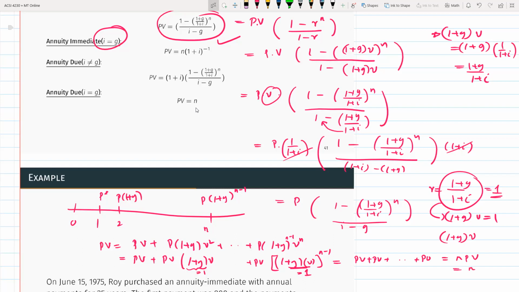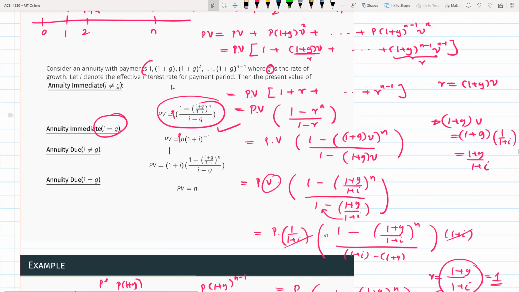Basically, N times V is 1 plus I to the N minus 1. And P is the payment size. So in here you don't see the P, the payment size. If you have a payment size, then you have to include P. Okay, this is basically 1 unit. If it's 1 unit, you have this, but if it's more than 1 unit, you have to multiply by that unit. When you have the due, you have these other 2 equations.